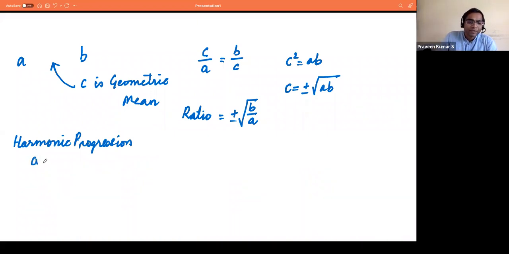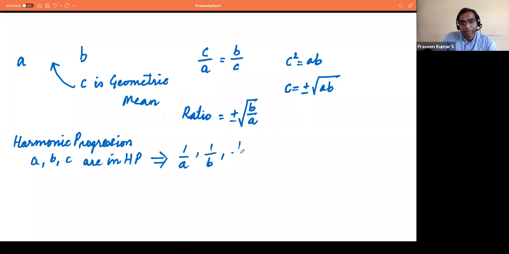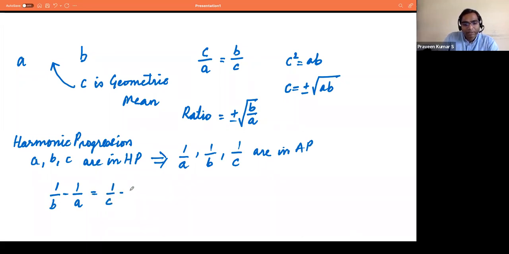Let's say if A, B, C are in HP, a harmonic progression, what it means is that their reciprocals 1 by A, 1 by B and 1 by C are in AP. Okay. Now, if these three are in AP, can I write that the difference between consecutive terms, 1 by B minus 1 by A, is equal to 1 by C minus 1 by B?